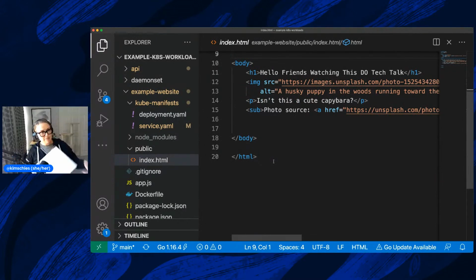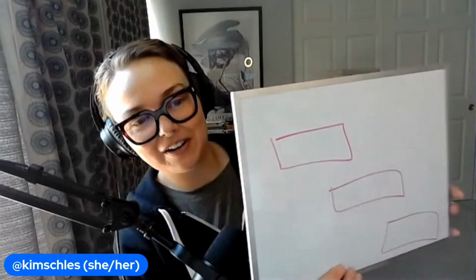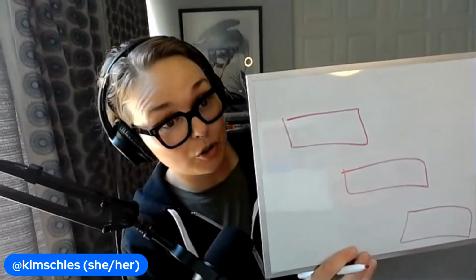So let me pull it up. So I've got, let's see, 1, 2, 3. These are representing my 3 Kubernetes nodes.